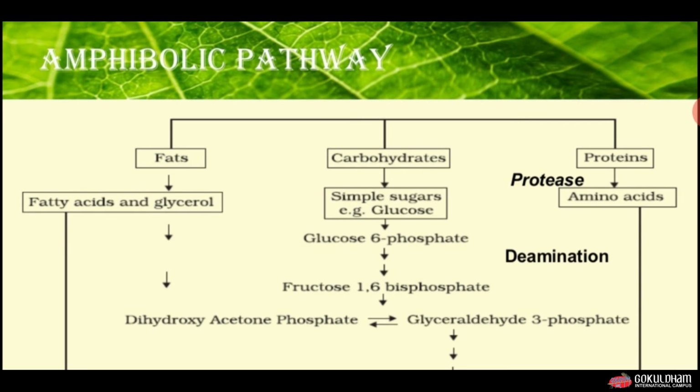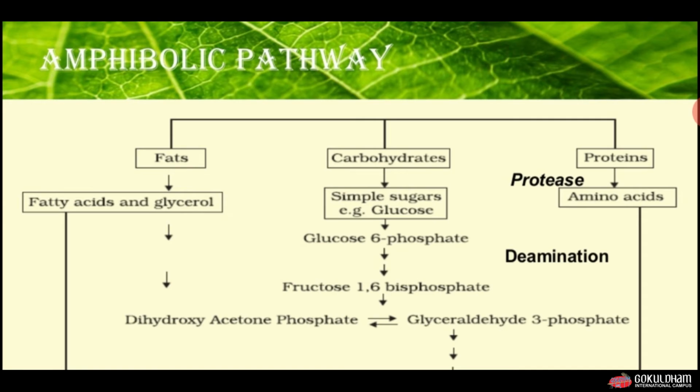Again, an important question can be asked: why is the Krebs cycle known as an amphibolic pathway? Because in the Krebs cycle both catabolic and anabolic reactions take place, and we know what catabolic and anabolic reactions are.